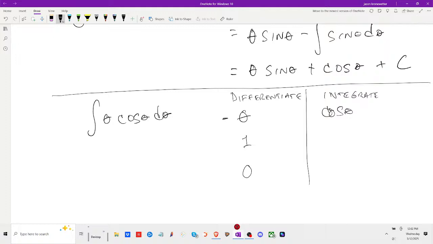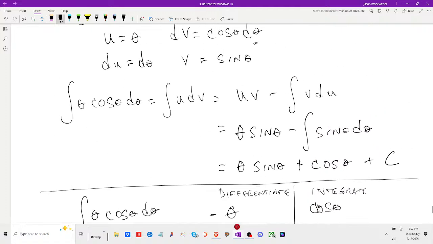And over here, I'm going to integrate as many times as I need just to match up with the differentiation. So the antiderivative of cosine is sine, and the antiderivative of sine is negative cosine. And you notice that that's what we ended up doing in this problem here.